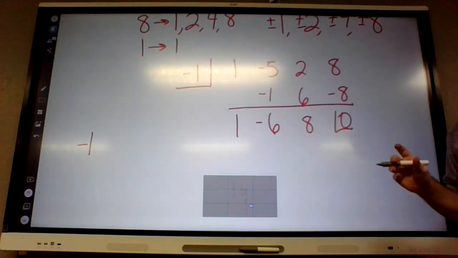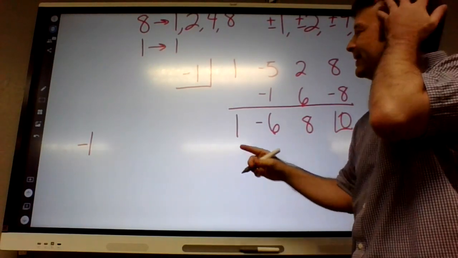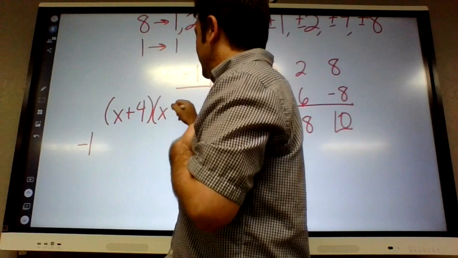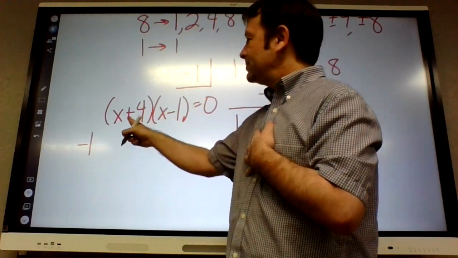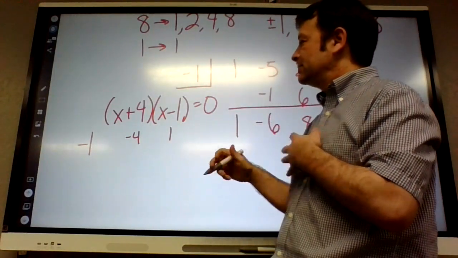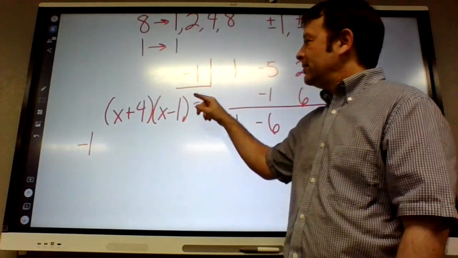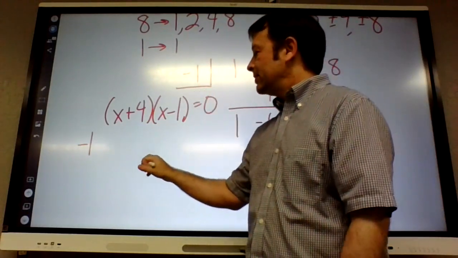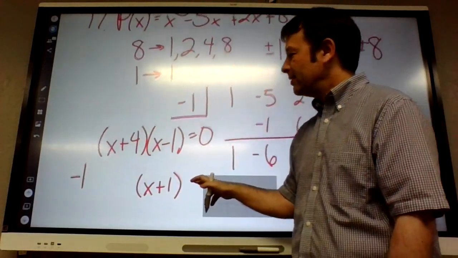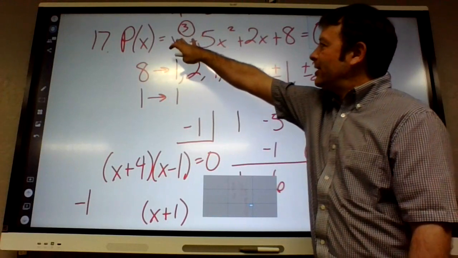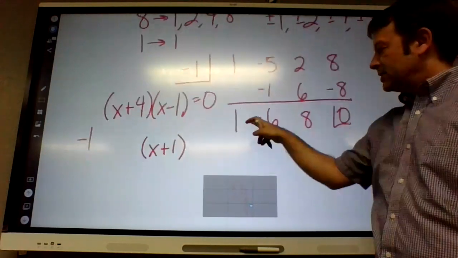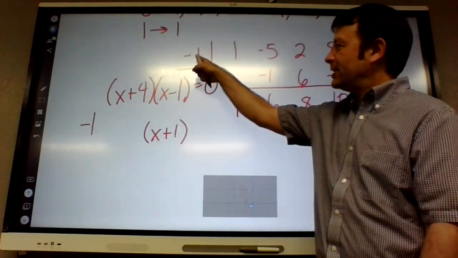Here's where it gets a little bit hard to explain. Remember how when we factored like this, I did one of these earlier, if these are the factors, like negative 4 is an answer and positive 1 is an answer. If negative 1 is an answer, that tells me that x plus 1 is a factor. And if I divide this by x plus 1, I should get this, because I put a negative 1 in the box right here.